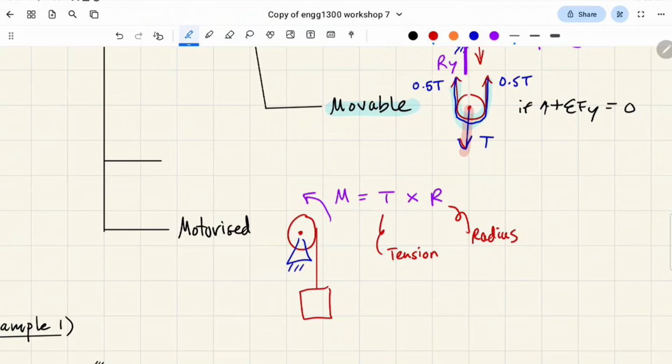And this should make sense given what we know about how moments are forces multiplied by the lever arm, right? So the radius is basically the lever arm. So, this equation, not in the context of motorized pulleys, will come up a bit when we're analyzing rigid bodies, because we might analyze some rigid bodies which are circles, right?